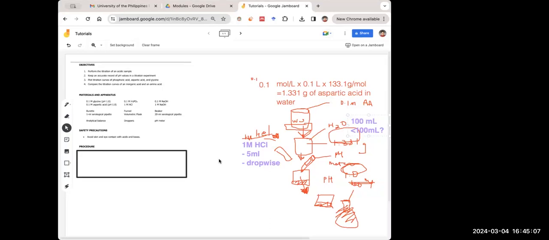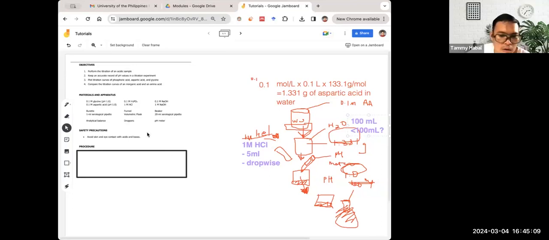Okay, correct. So the technique there is, here's your grams, and then you have, let's say, 70 ml of water. And then you adjust it with your pH meter. Afterwards, you pour it into your volumetric flask.